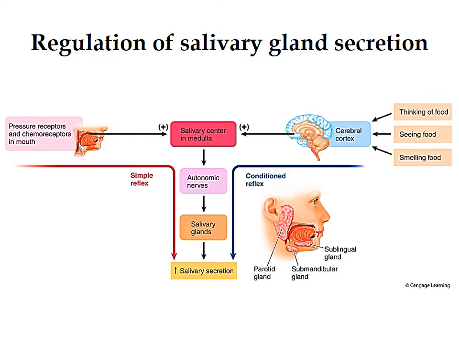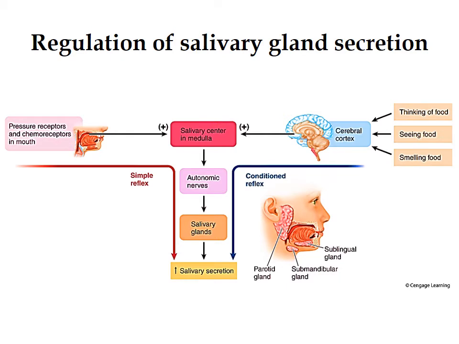We shall now discuss the regulation of salivary gland secretion. This is a very important slide to understand. We need to remember that there is a center called the salivary center, which is located in the medulla. When I'm talking about every center, finally it comes to the medulla. We discussed the cardiovascular center and the respiratory center.